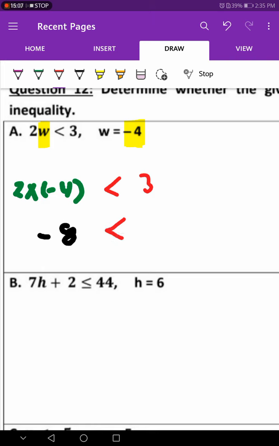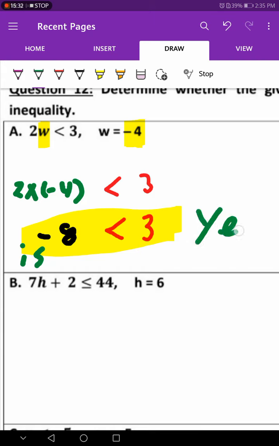Is negative 8 greater than or less than 3? Yes, sure. So is this statement correct? Yes or no? Read it again. Negative 8 is less than 3. So you put "is" here and you read: is negative 8 less than 3? Yes.